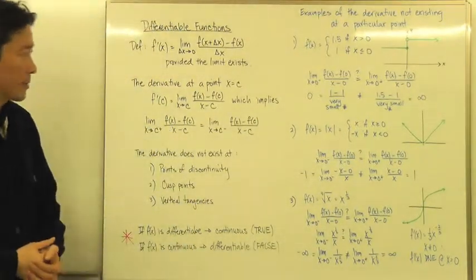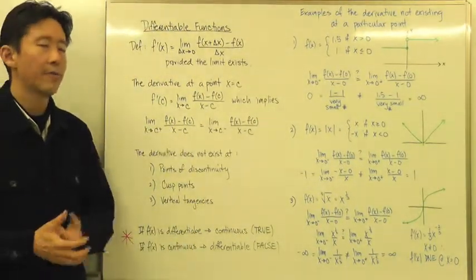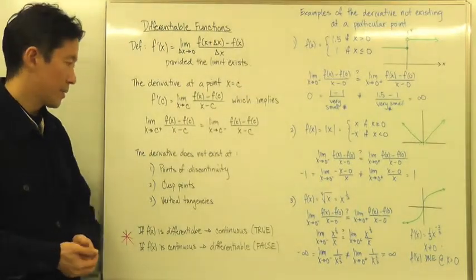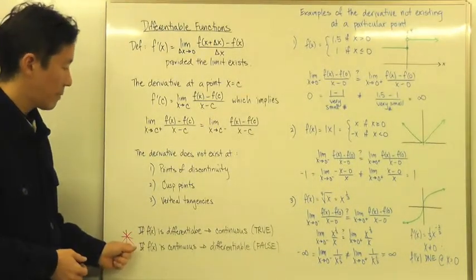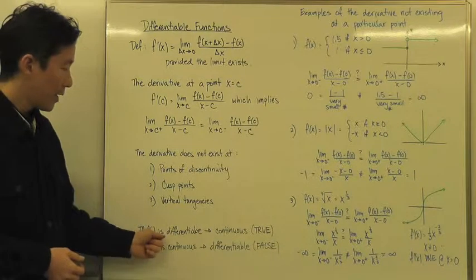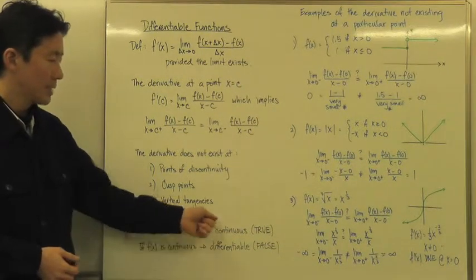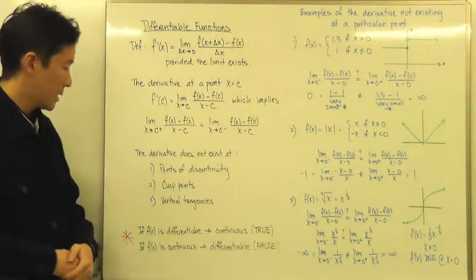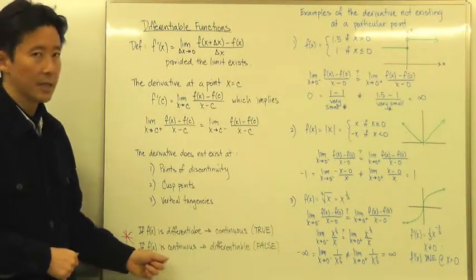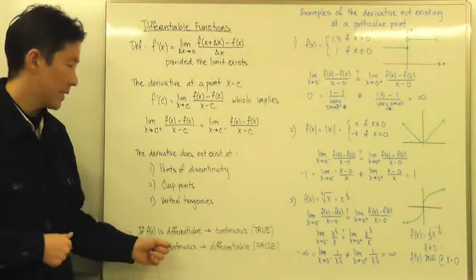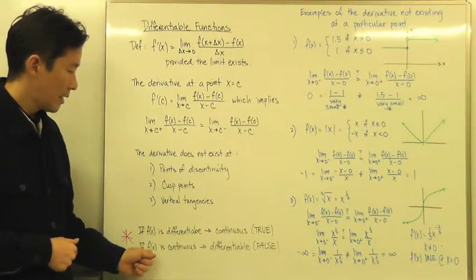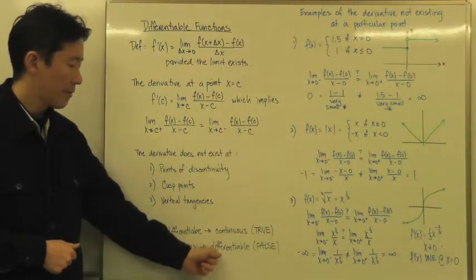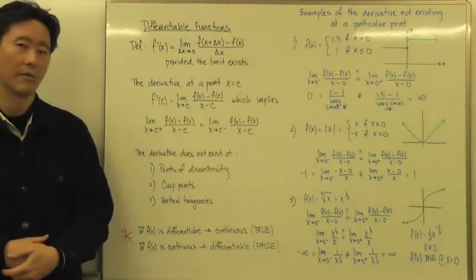Now the one thing that we want to take a look at that's a very, very important part of this particular section is this statement right over here. If f of x is differentiable, then it's going to be continuous. Okay, that's going to be a true statement. But the converse of that statement, which is if f of x is continuous, therefore it is differentiable, is absolutely false.